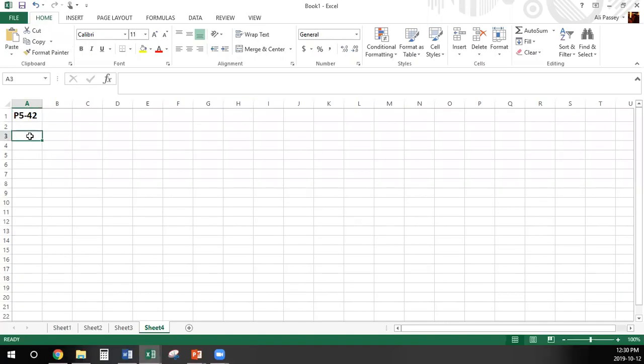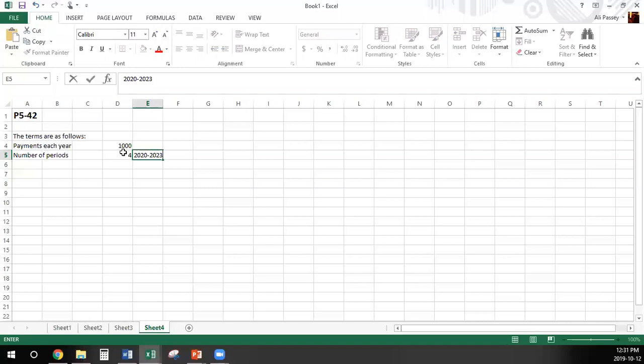So in this case, the terms given to us are as follows. The payments each year is $1,000. The number of periods is 4 because that's 2020, 2021, 2022, and 2023.